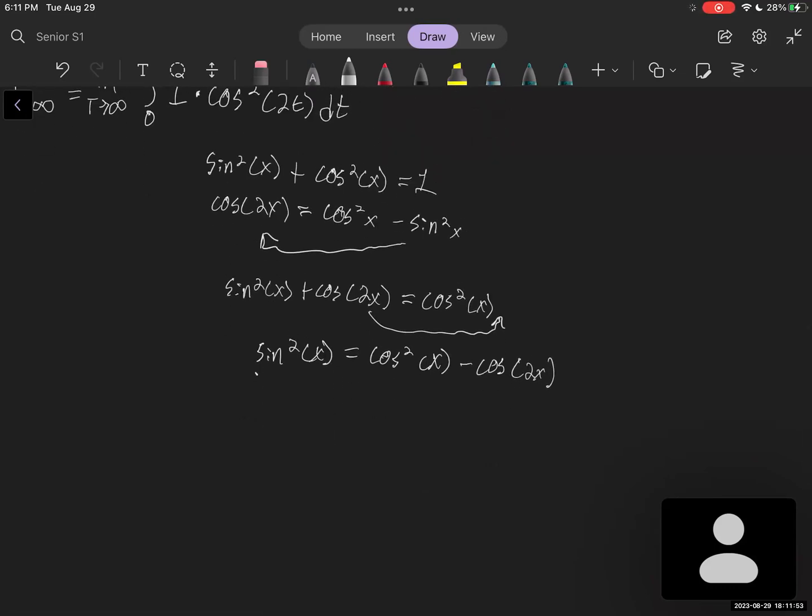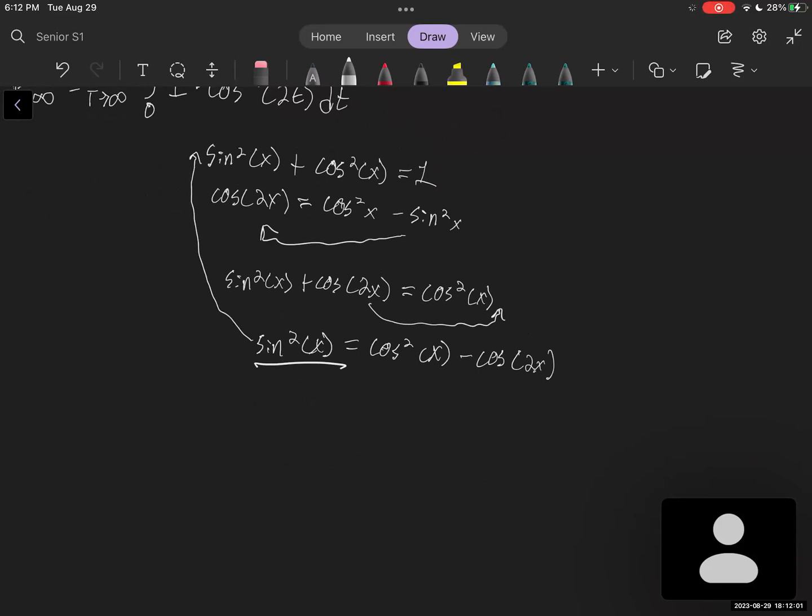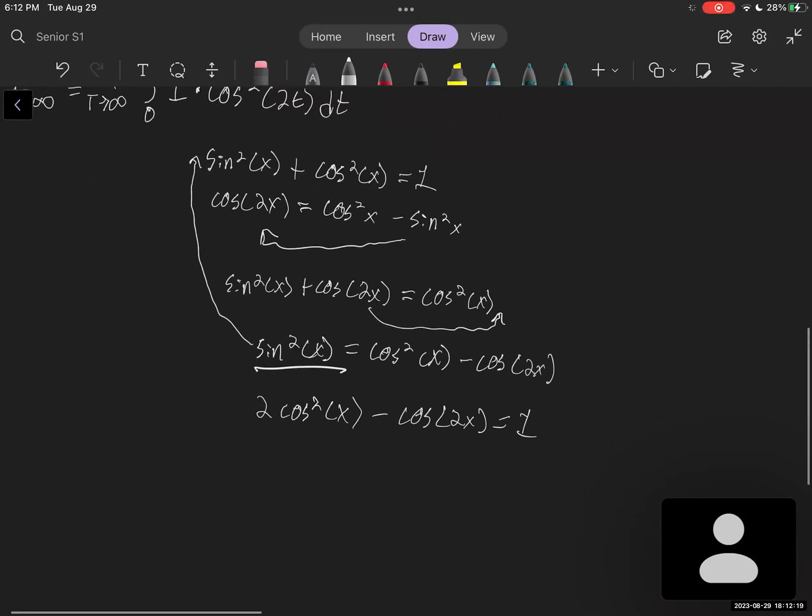Now you can substitute this sine squared back into the first identity that we addressed, and it's going to simplify down to 2 cosine squared minus cosine of 2x is equal to 1. And now we can rearrange this to find a value of cosine squared. So we get 2 cosine squared is equal to 1 plus cosine of 2x.